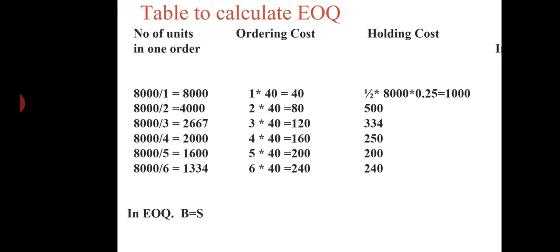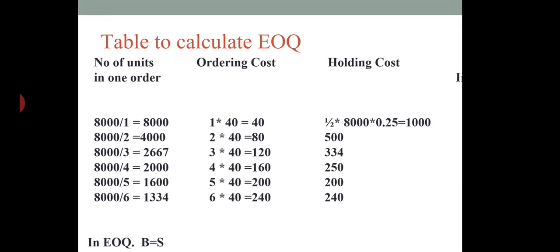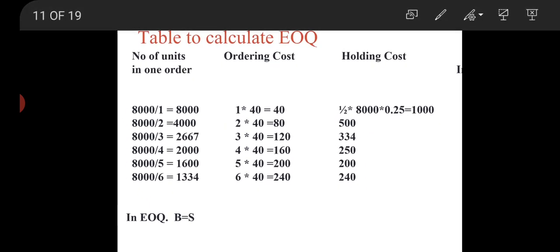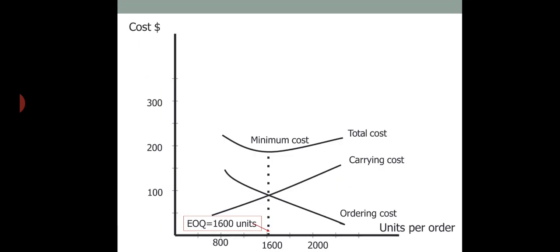And the next one is that EOQ is shown through a graph. In this graph, the x-axis shows units per order, and the y-axis shows the cost of the material.